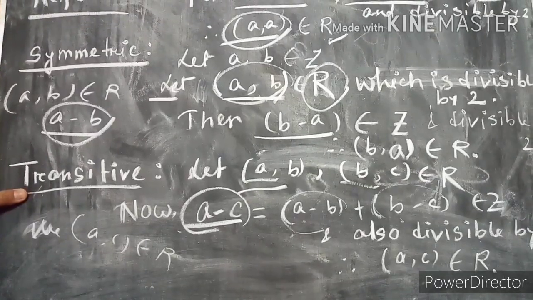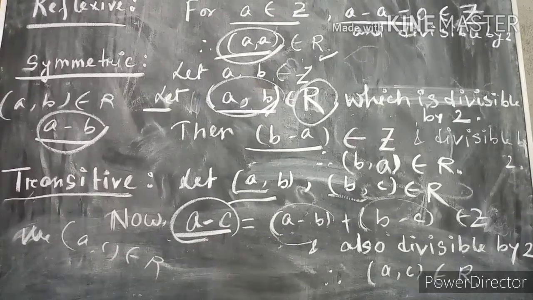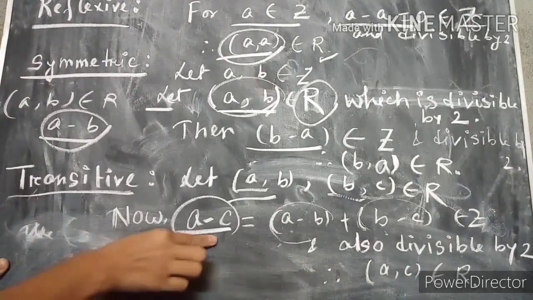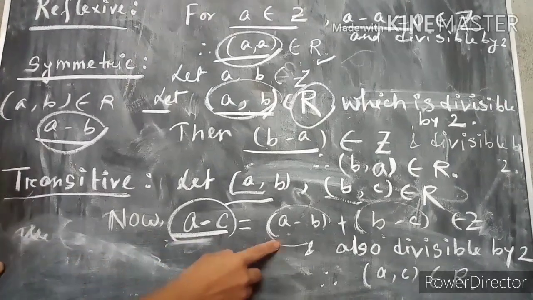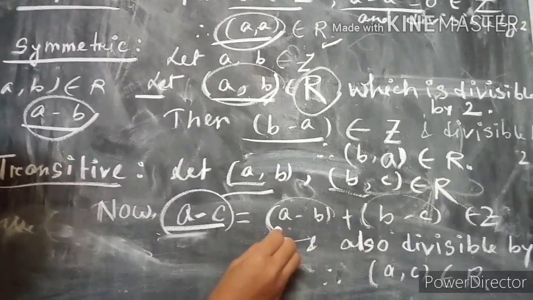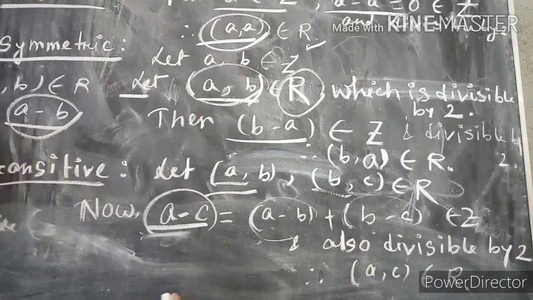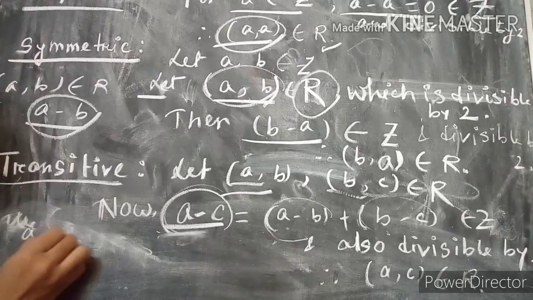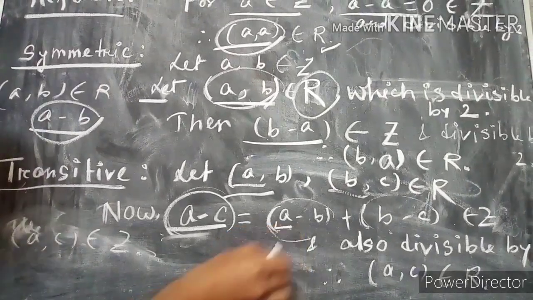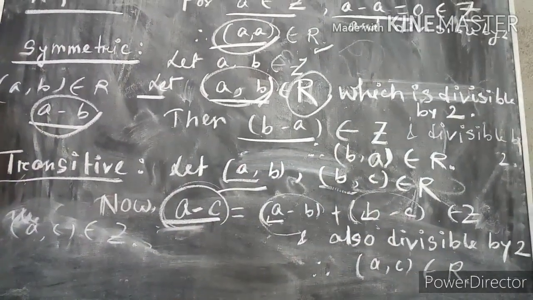Now to check transitivity, let us take two elements (A, B) and (B, C) belonging to R. Since we have to prove the third element (A, C) belongs to R, we have taken A minus C, and A minus C can be written as the sum of these two, that is A minus C equals A minus B plus B minus C. And since A minus B belongs to Z and B minus C also belongs to Z, the sum of these two also belongs to Z. In other words, A minus C belongs to Z. Now, since this is divisible by 2 and also this is divisible by 2, the sum of these two will also be divisible by 2.